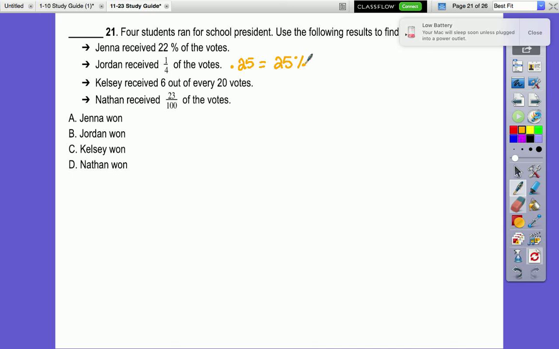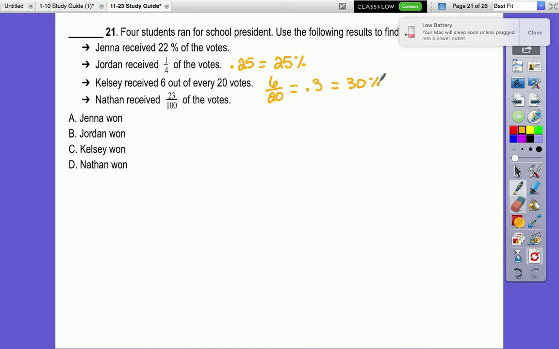Kelsey received 6 out of 20. So we can do 6 over 20. Now that is a fraction. We can divide. And 6 over 20 will give us 0.3, which is 30%. So Kelsey received 30% of the votes.